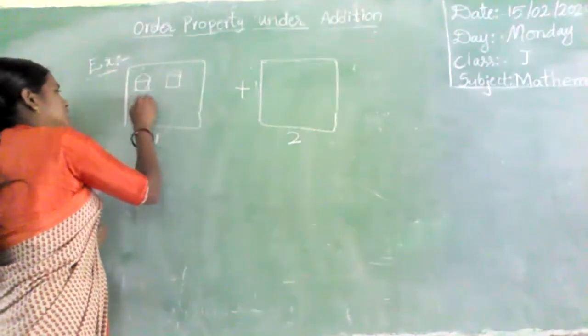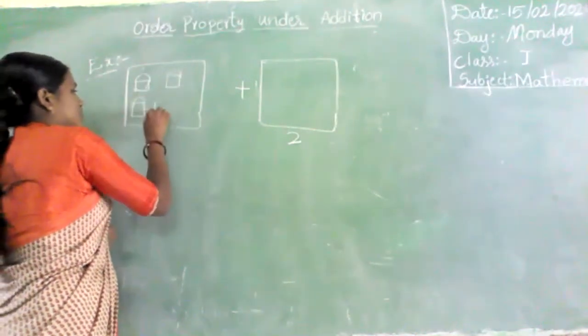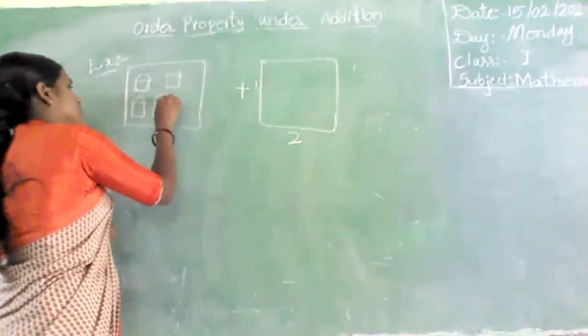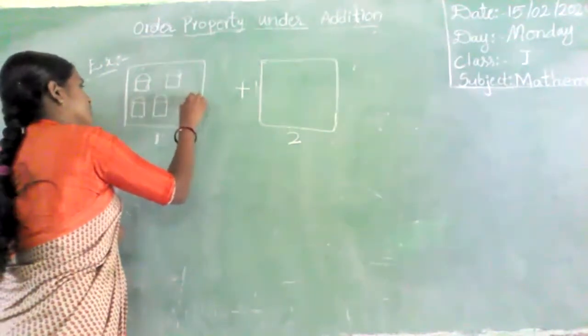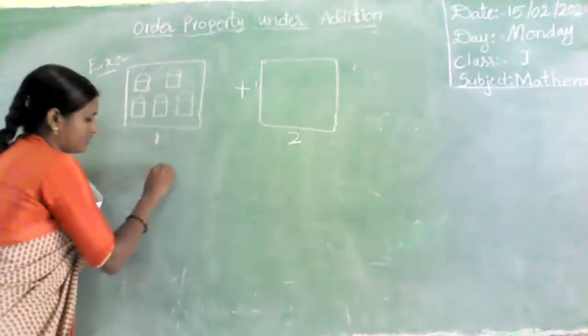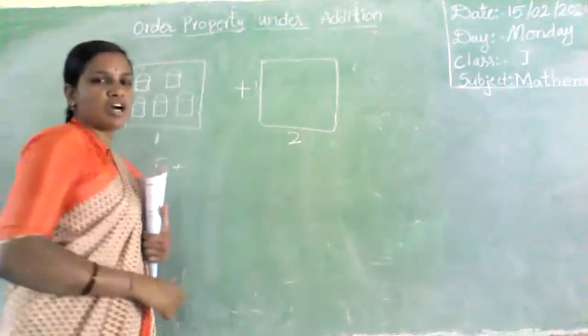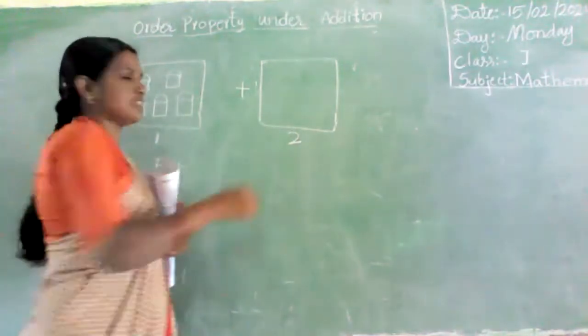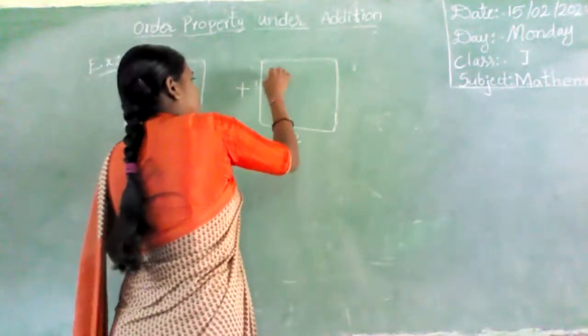How many? 5 bags are there. Next, in box 2, 4 bags are there. How many? 4 bags are there.